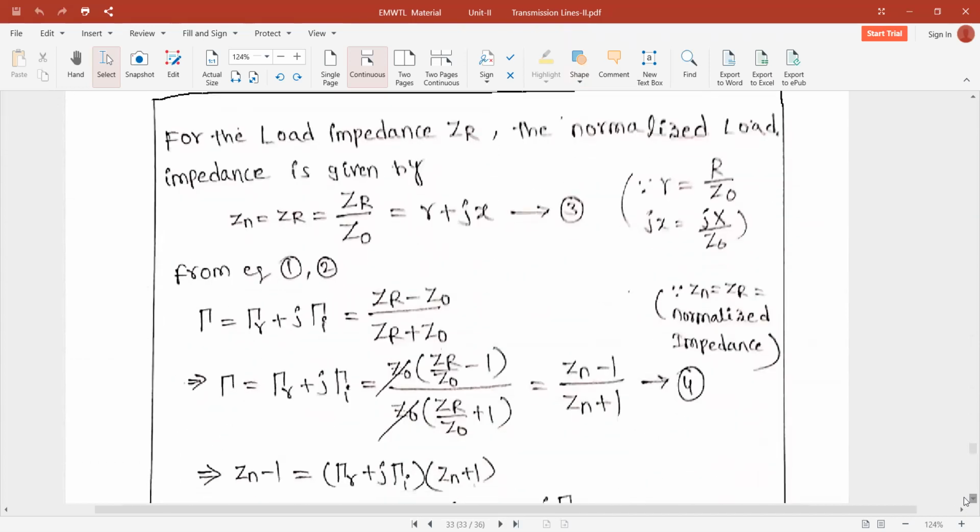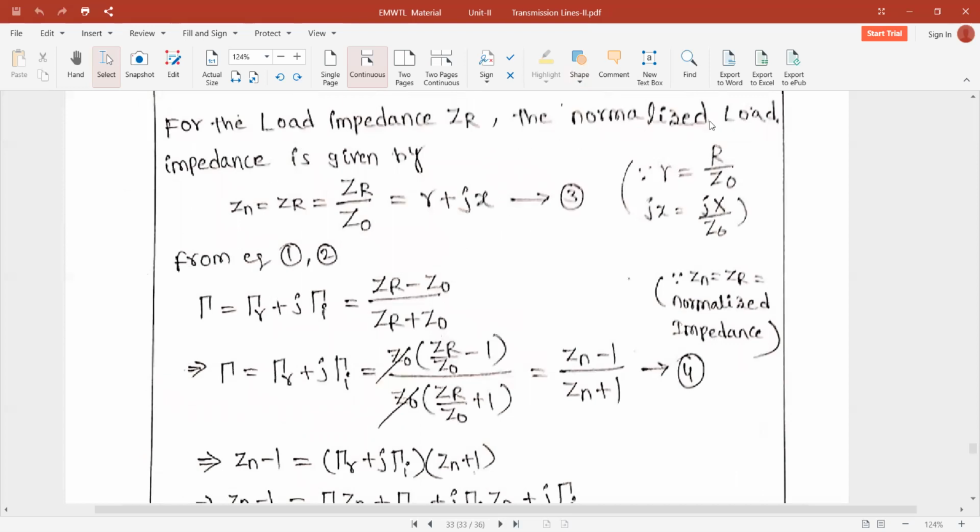For the load impedance ZR, the normalized load impedance is given by Zn, which is ZR by Z0. Actually it is a small z that we can represent as the normalized impedance, ZR by Z0.